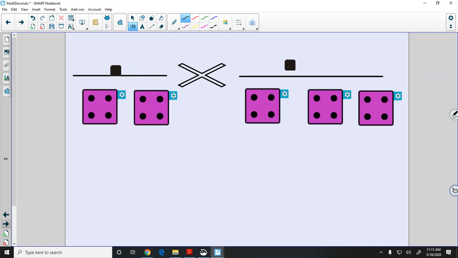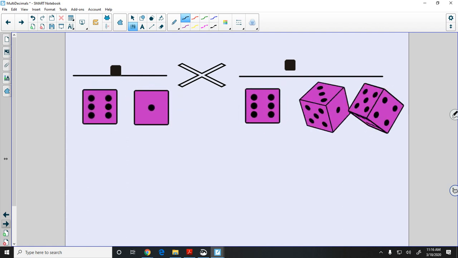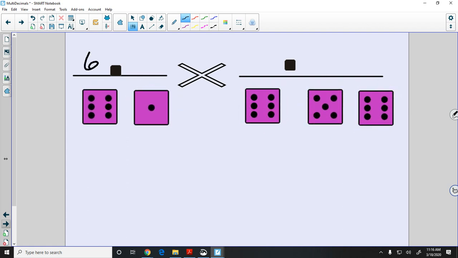Now we're going to practice it with the dice when there are different numbers of decimal places. I'm going to hit my dice. And what do I get? I get 6 and 1 tenth times 6 and 56 hundredths. Like I said, you can do this at home as well. Do I have to line up my decimals? No, I do not. What I suggest is putting the factor with the most numbers in it on top.